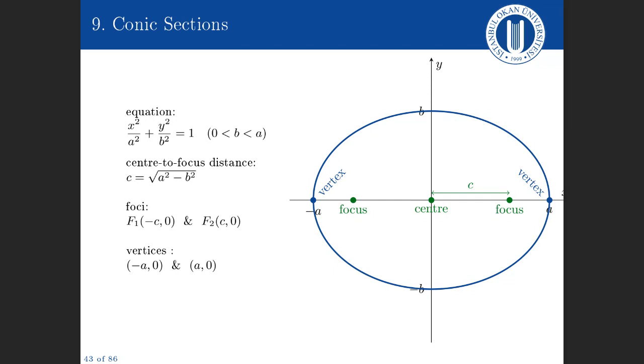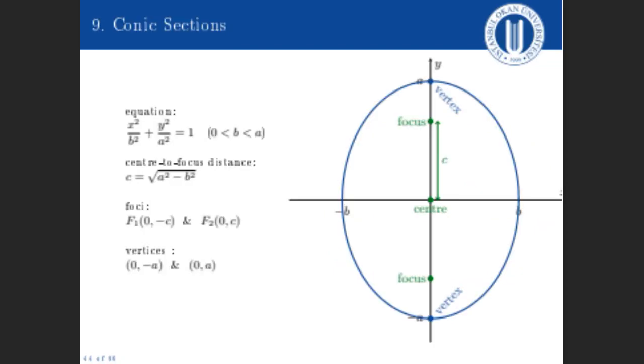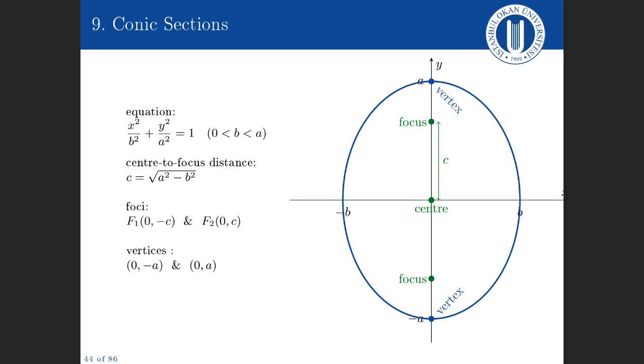This is an ellipse with foci on the x-axis, but we might also have an ellipse with foci on the y-axis, and we can do that just by swapping x and y around. This is the ellipse x squared over b squared plus y squared over a squared is equal to 1. And again, I want to insist that the bigger number is called a and the smaller number is called b. Why?